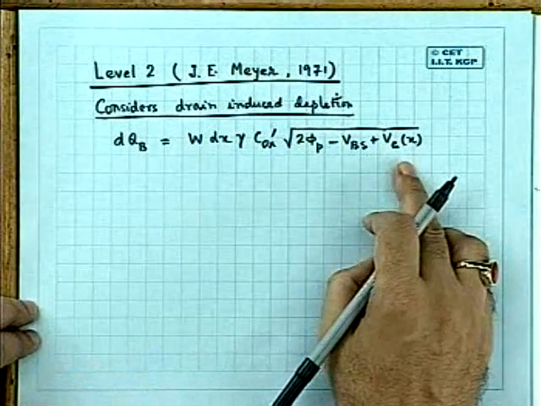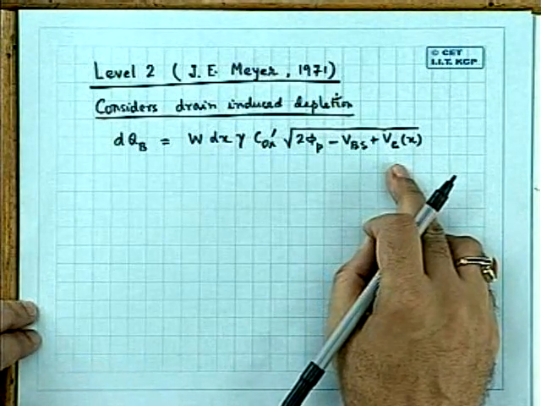This is the channel. I think we wrote it as simple Vx in our analysis earlier.